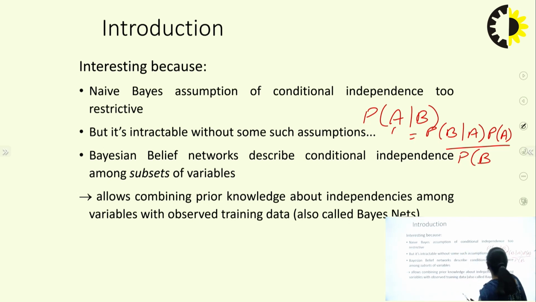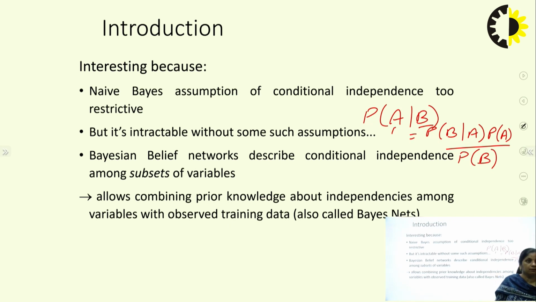Now, when we do Bayesian classification using Bayes theorem, sometimes it becomes very complex in terms of calculation, because we have to calculate all the probabilities depending on what our B is. It may be a single event or a collection of events. So that becomes expensive.